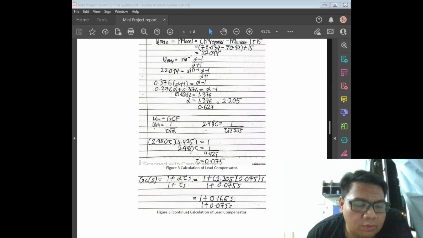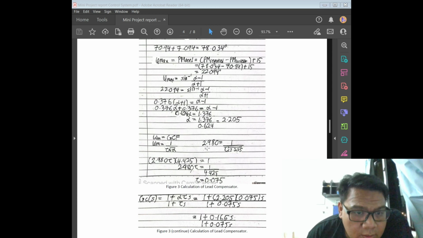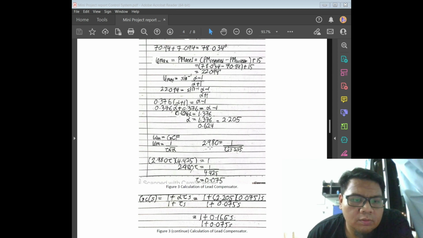For the omega m, we go to the GCF. We find the omega m, which equals 1 over tau square root alpha. For the omega m, we take the value 2.90 equal to 1 over tau square root 2.205.